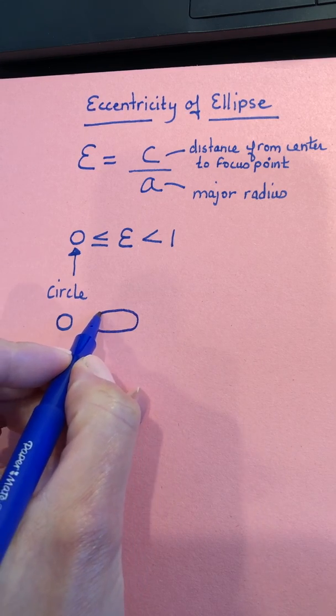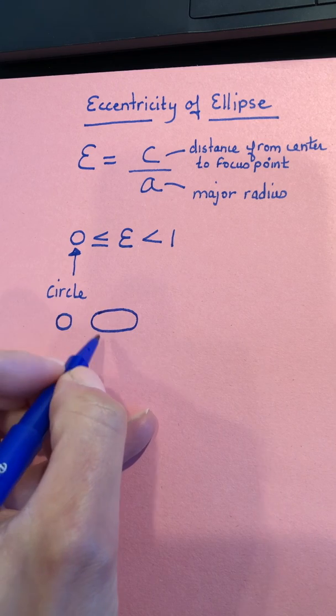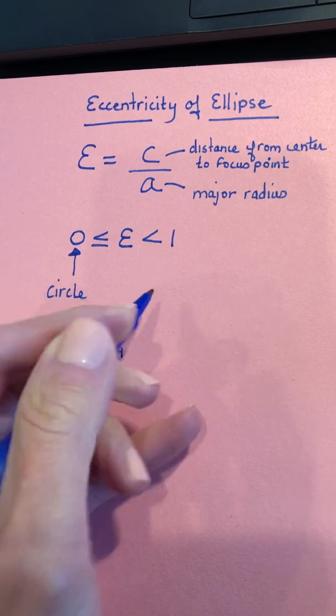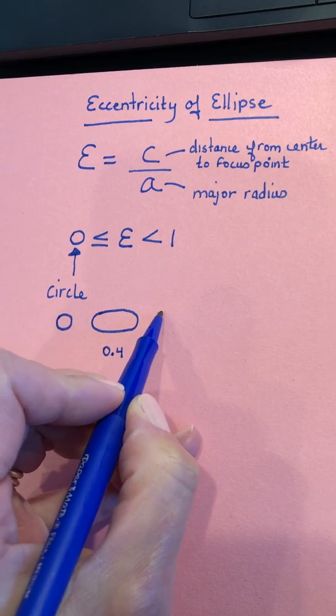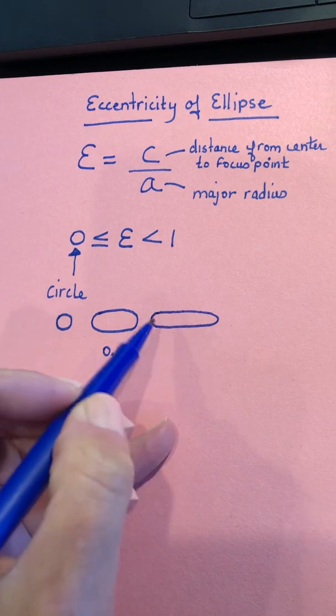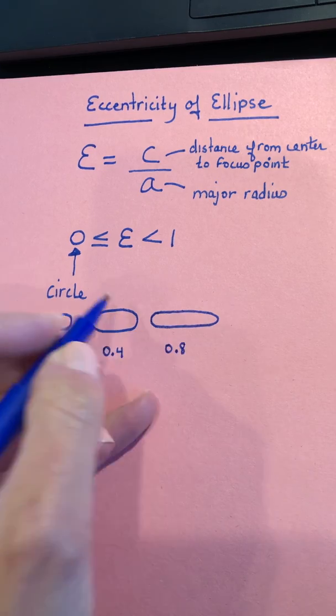This is a little more eccentric than our circle. So the eccentricity number is going to be a little higher, and I'm just going to make up a number. Let's say this is 0.4. Well, let's see if I can make it even more eccentric, right? What if I stretch it out, make it look even more oblong? So maybe this is 0.8. And again, I'm just making this up.